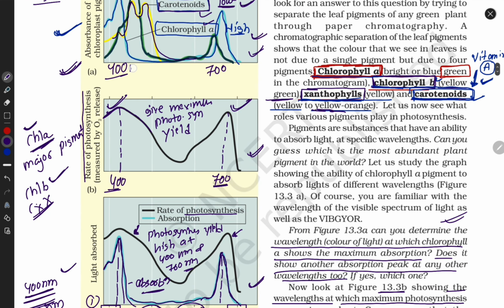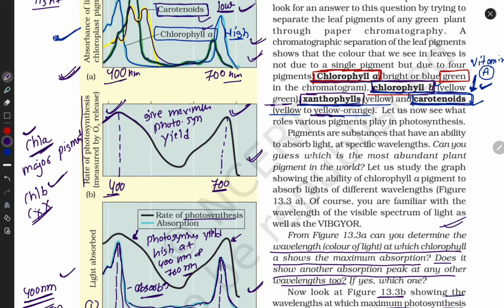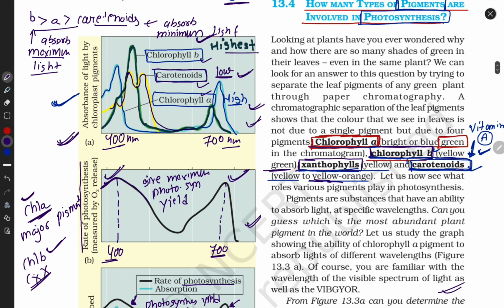At this wavelength, they show the highest absorption because we already studied that Engelmann proved this. According to his research, he took algae and aerobic bacteria, so he proved the highest absorption of light here and here.